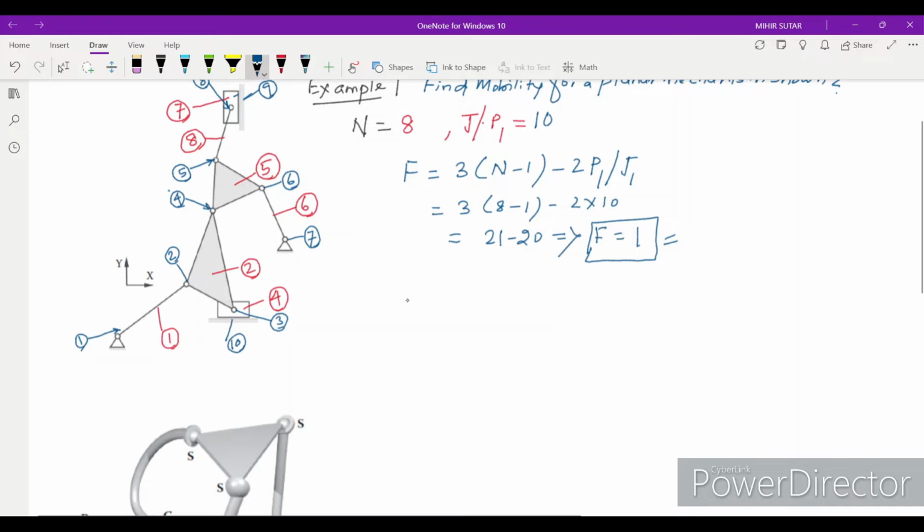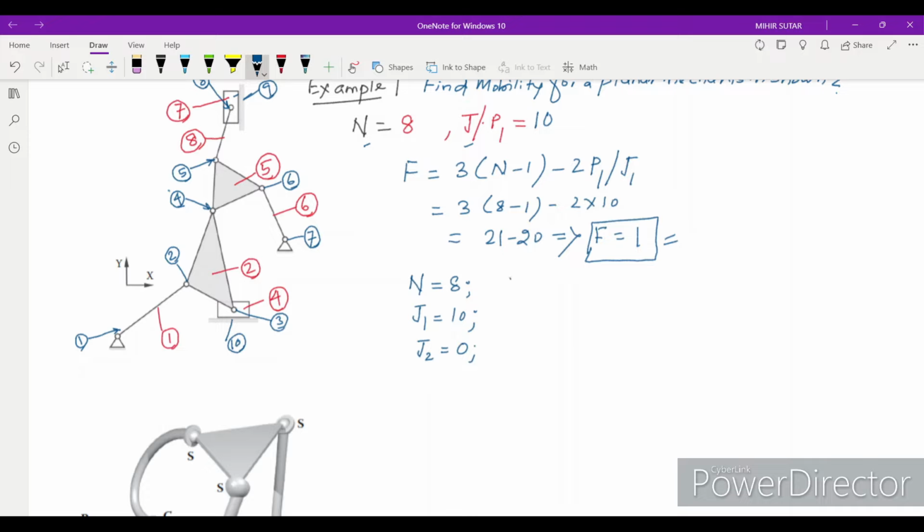In the MATLAB window you have to define these things, n and j. So I'll show you how. N is equal to 8 semicolon, then let's say J1 is equal to 10 semicolon. There is no 2 degree of freedom joint here, so J2 will be 0.